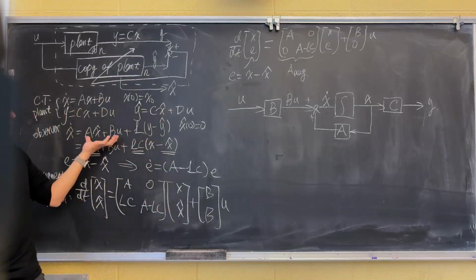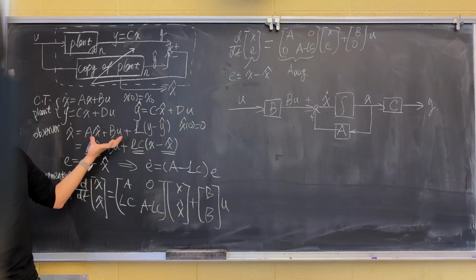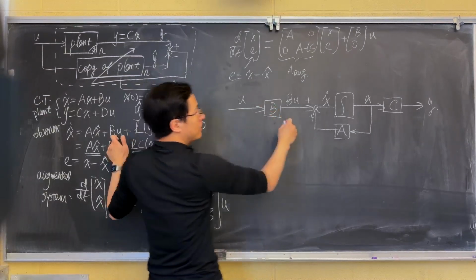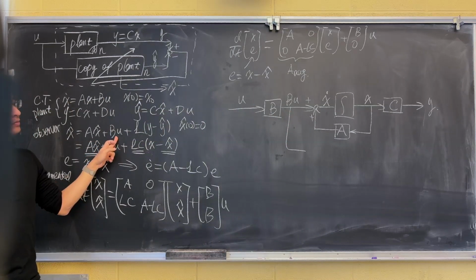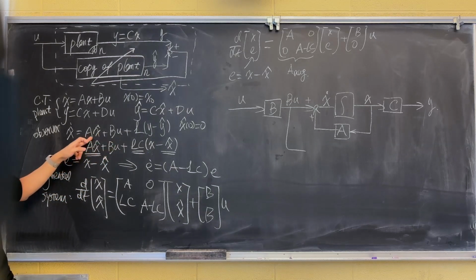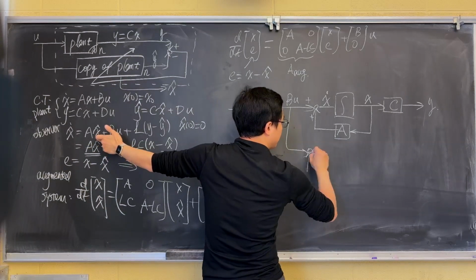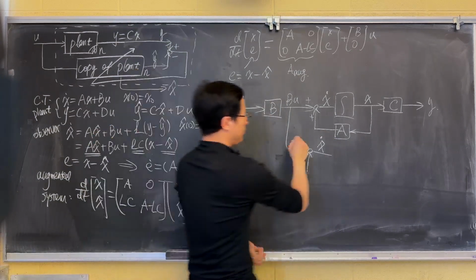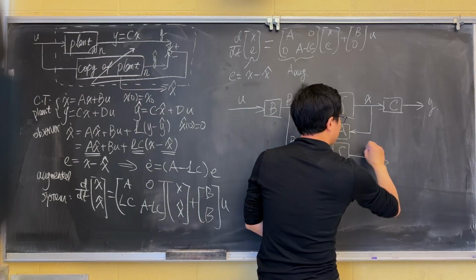The observer can also be written in a similar workflow. So we have U going through also B. So we have BU now. And then BU plus A X hat. So it's a similar copy concept. This is X hat dot, BU here, X hat.